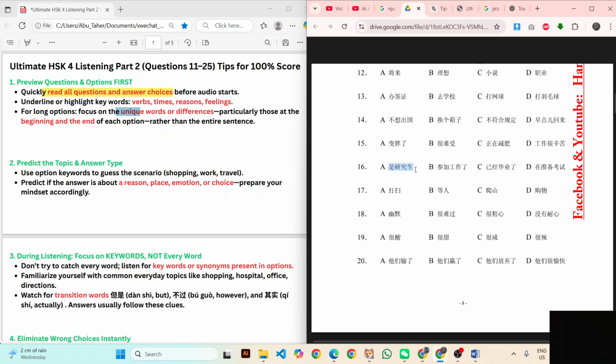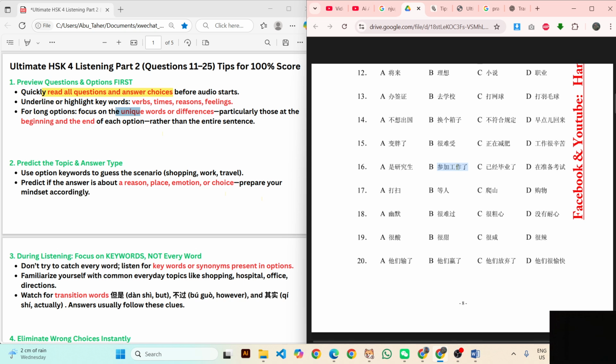This is the noun, yanjiusheng. Here, is there any verb? Yes, gongzuo is a verb, participate. The participate word is here, but this is a word as a noun, so we have to focus on this word. If we can, we can also focus on gongzuo.